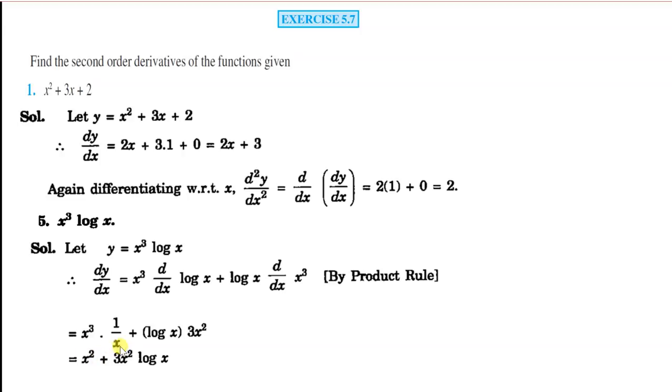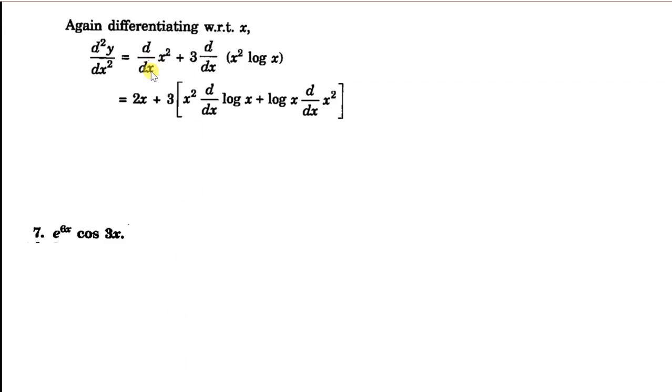Now again we can differentiate it with respect to x. So d2y by dx square becomes: the derivative of x square is 2x, and for the second term we will use the product rule. So we get 2x plus 3x square into derivative of log x plus log x into derivative of x square.